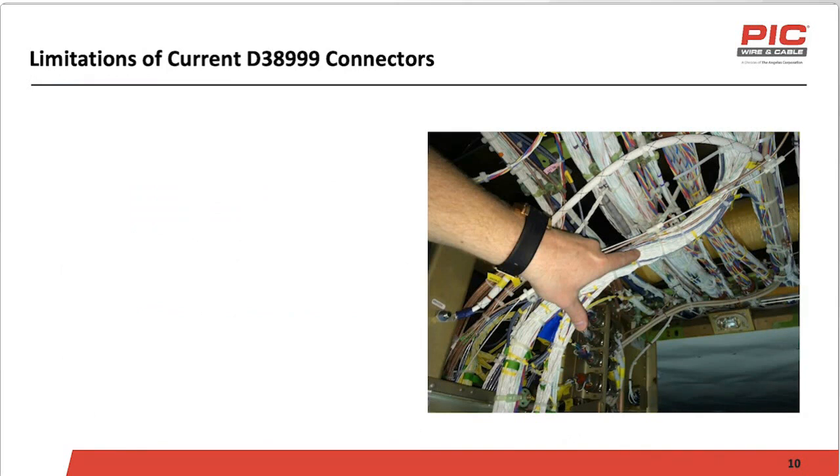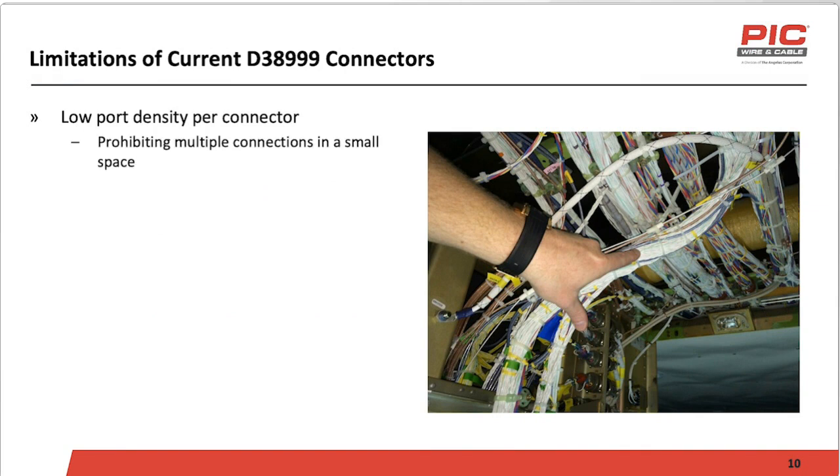Although the 38999 connectors remain a go-to for the market, there are several pain points associated with them. Some of these pain points include low port density per connector, which prohibits multiple connections in a small, confined space. Termination of the existing 38999 connectors can be difficult and tedious.